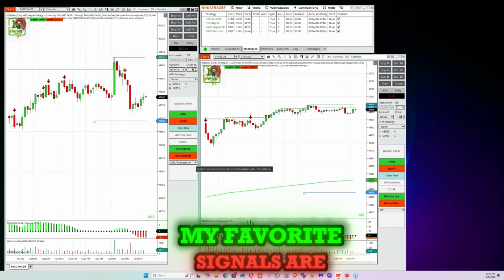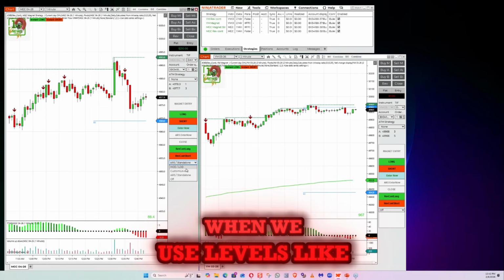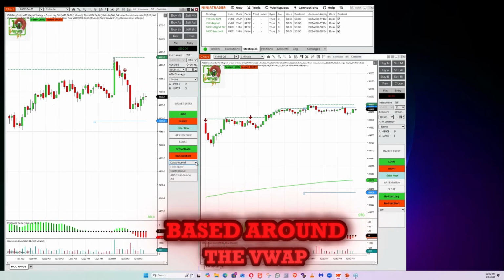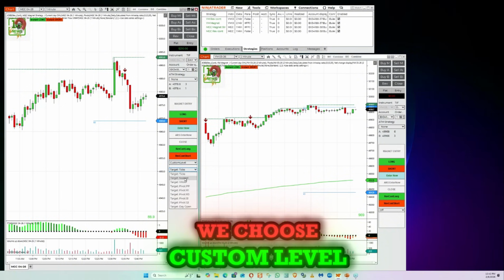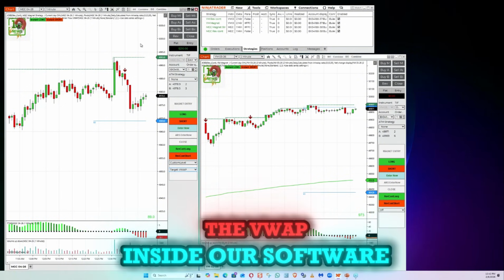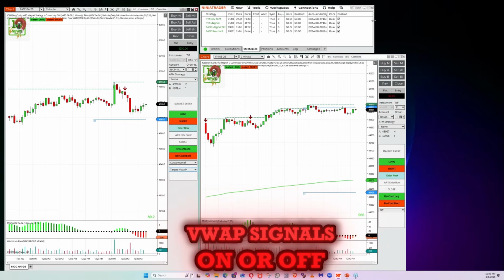My favorite signals are when we use levels, like the VWAP. We can generate signals based around the VWAP. We choose custom level and we can target the VWAP. Inside our software also, we can turn VWAP signals on or off.